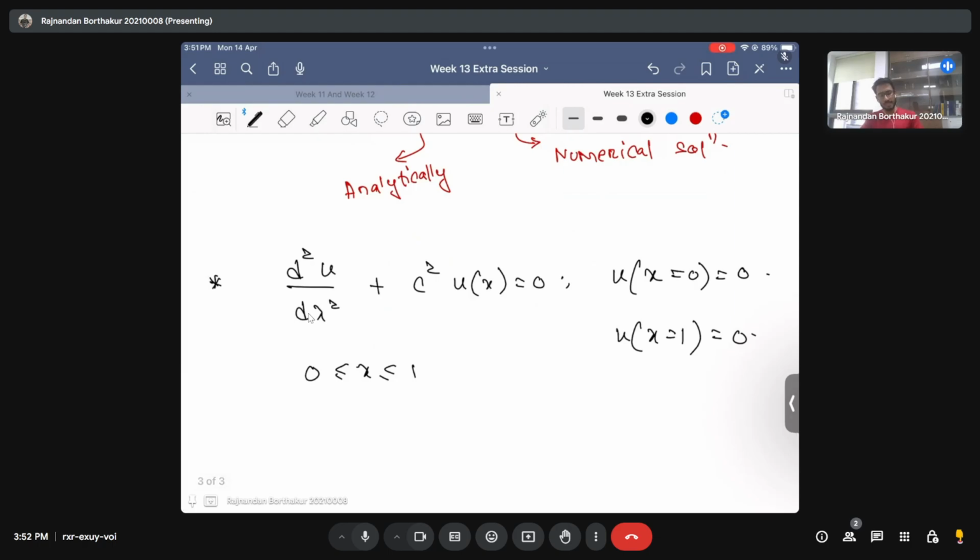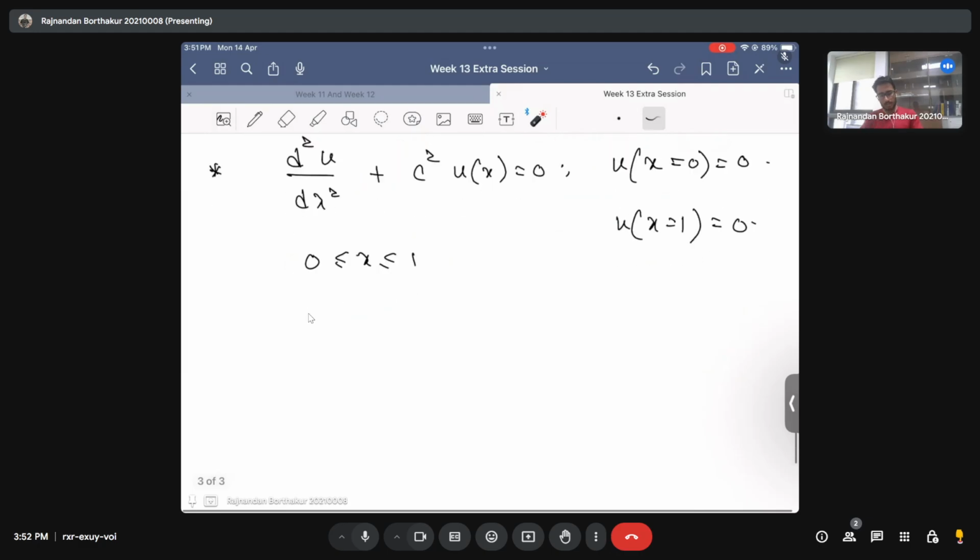So what you can appreciate is that the governing equation is homogeneous because u equal to 0 satisfies this governing equation, and the boundary conditions are also homogeneous. Okay. Which is again the perfect recipe of the eigenvalue problem inside the domain where x varies from 0 to 1.